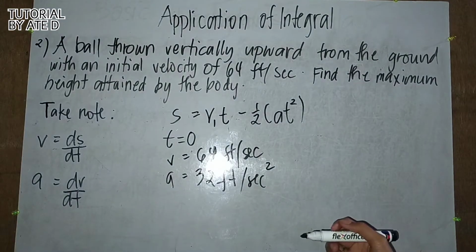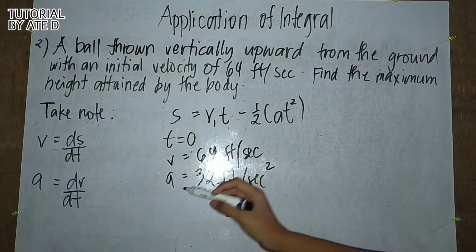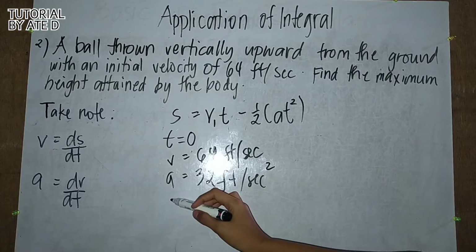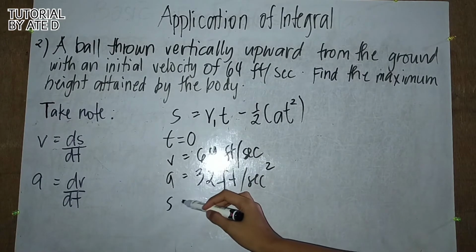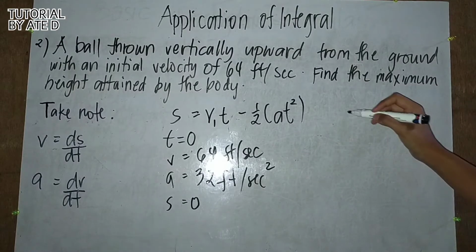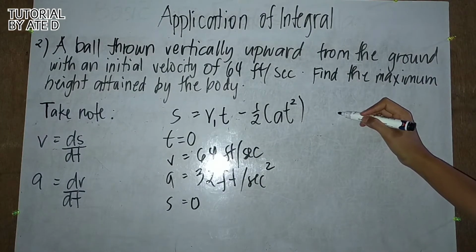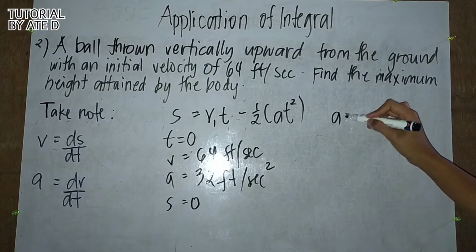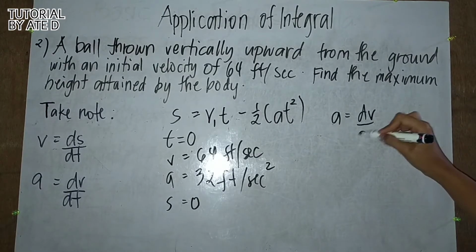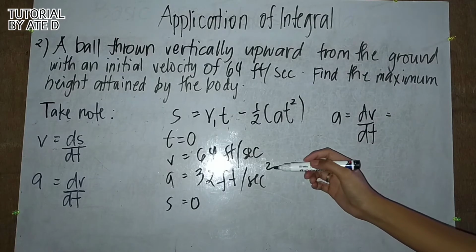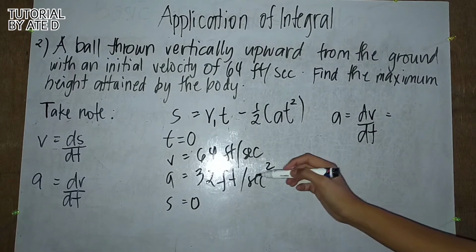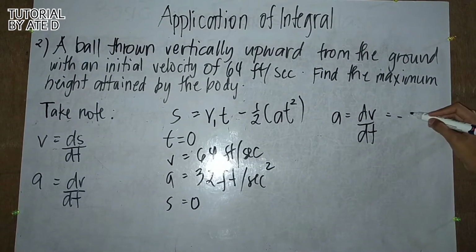So, since ang hinahanap natin ay position, i-equal muna natin ito as 0. So, ngayon kukunin natin itong sa acceleration. So, actually, acceleration a is equal to dv/dt. So, dahil upward ang ginamit dito, magiging negative 32 siya.